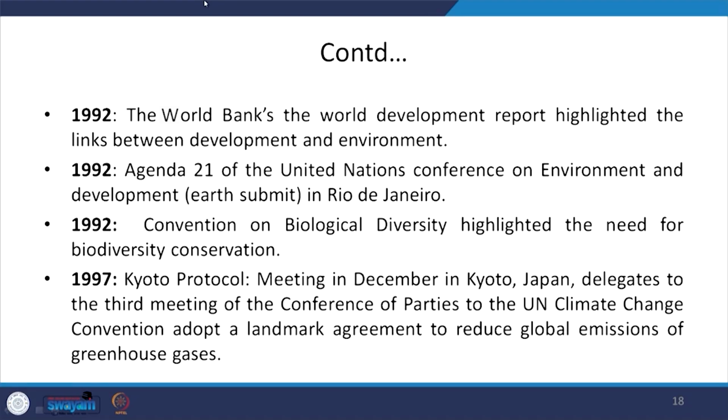In 1997 the Kyoto Protocol, now you all know this is a famous protocol, developed a new mechanism for protecting the environment. So now carbon credit and clean development mechanism, different kinds of mechanisms were developed after the Kyoto Protocol.